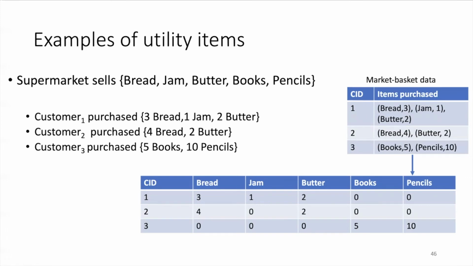Now, if we look at non-binary items or utility items, we can say that customer 1 has purchased 3 packets of bread, 1 jar of jam, 2 pieces of butter. So when we create a dataset in this format, then we call this dataset a utility dataset or non-binary data.